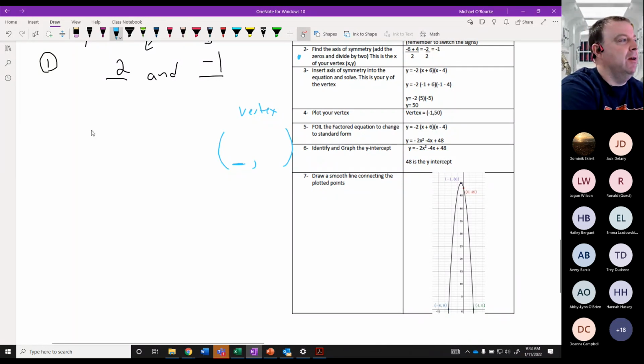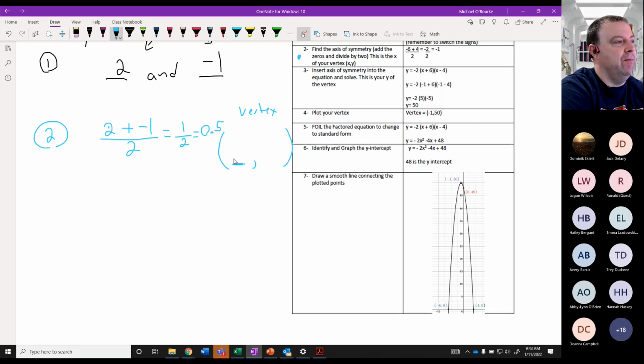So my step 2 here, I'm going to add my zeros. So 2 plus -1 divided by 2. That's going to equal 1 divided by 2, which equals 0.5.